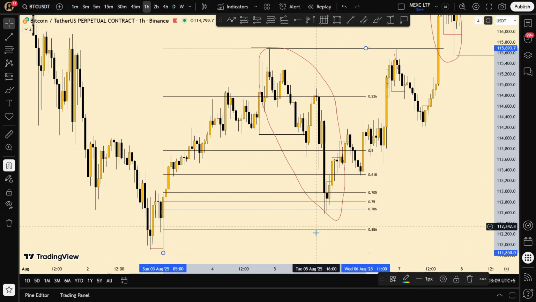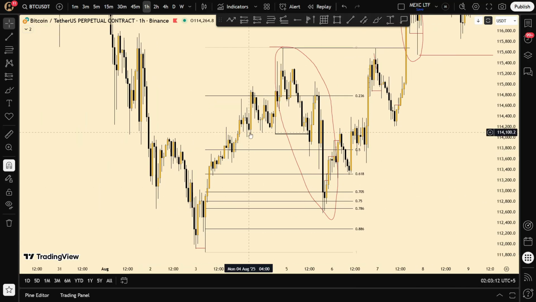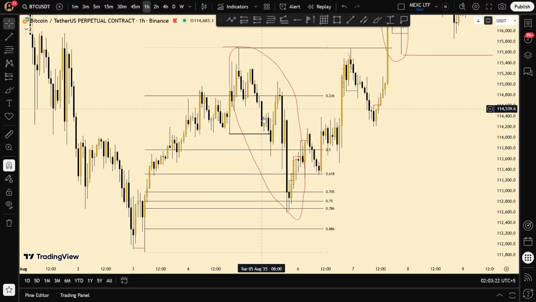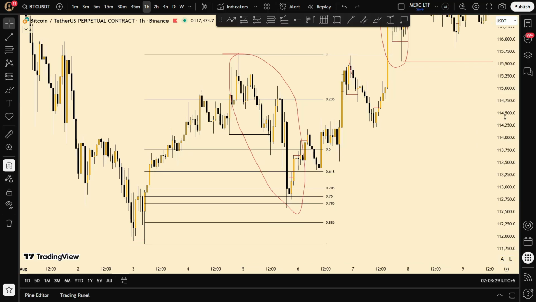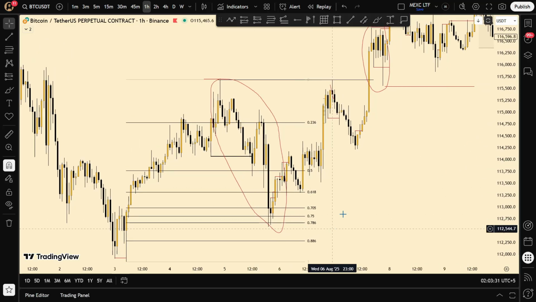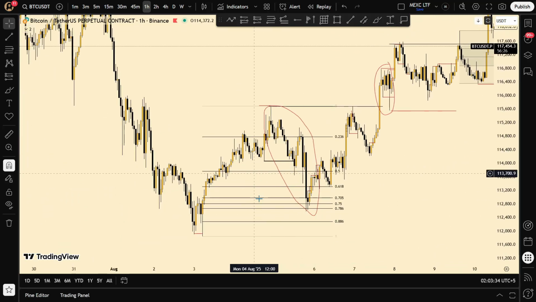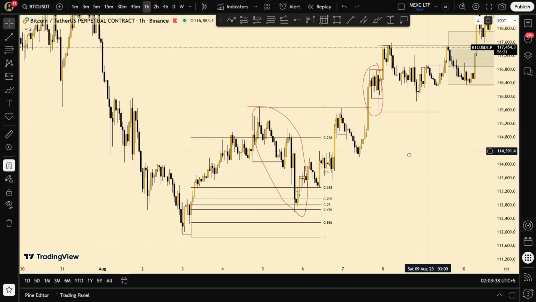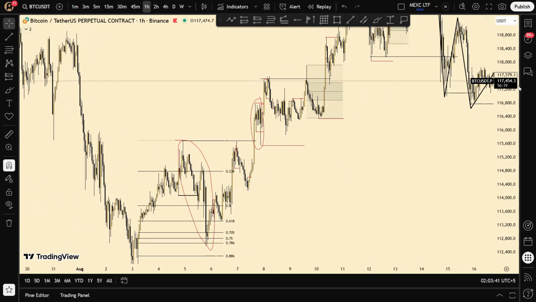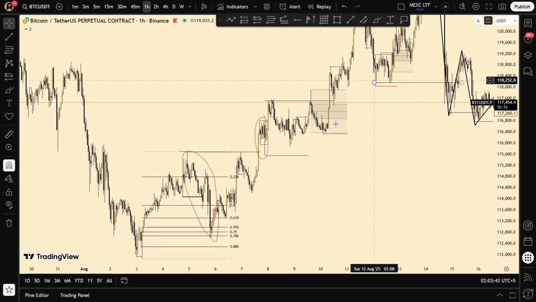And once price comes here, we know that on the 4-hour time frame, once we have a disbelief, once we have a market structure shift, we know, hey, price has filled its objective, it has completed its market cycle, and now we should expect what? We should expect the next cycle up. And this is exactly what happens.